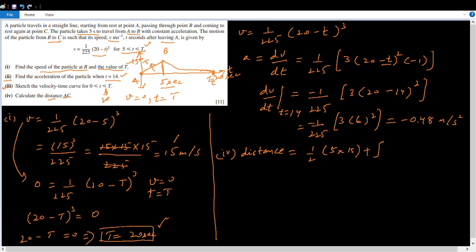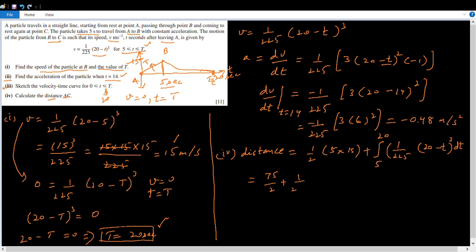So a definite integral, starting from 5 and ending at 20, and the equation of the curve is 1/225 (20 minus t) cubed dt. Now when you simplify, it will become 75/2 plus the integral.